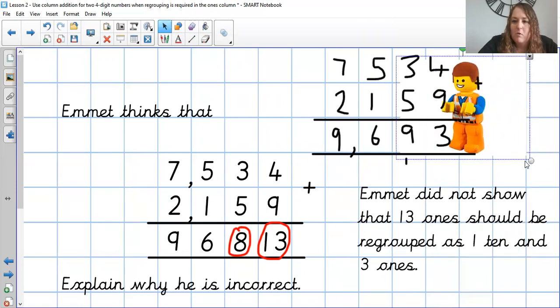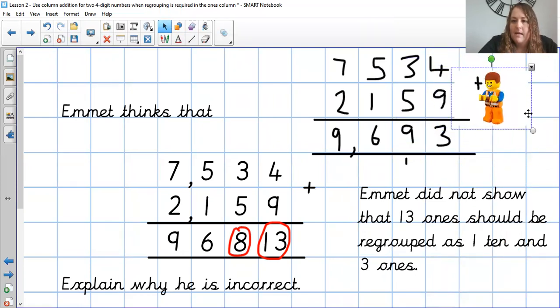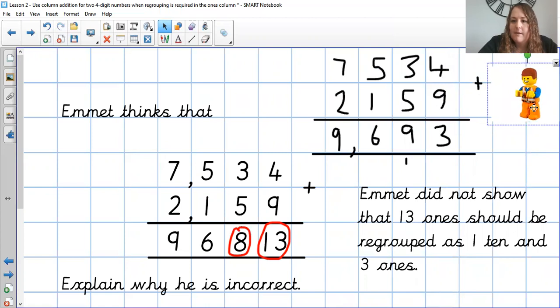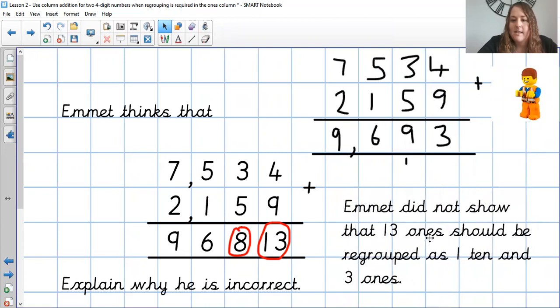Might just make him a bit smaller and pop him up there out of the way so you can see the writing. That is what he hasn't done, so that is part of why he is incorrect. He has not shown that 13 ones should be regrouped. It'd be great to see that when you have your problem solved for your Go Deep.